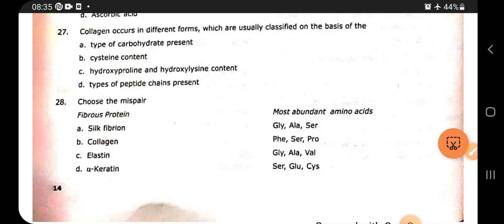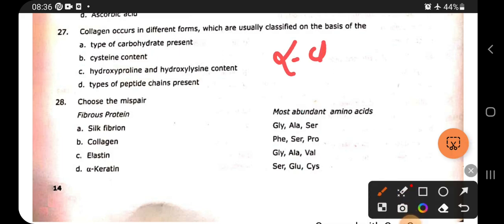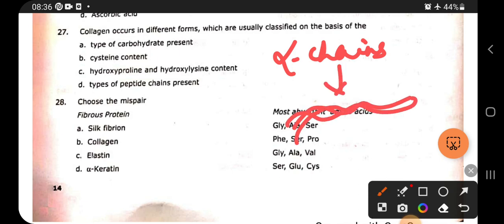See, collagen occurs in different forms: first you will synthesize it, then it will be in alpha chains form, then the alpha chains will combine together, form intramolecular hydrogen bonds, form dimers, and the peptide chains are again linked with each other. So based on the types of peptide chains present, you can classify collagen.